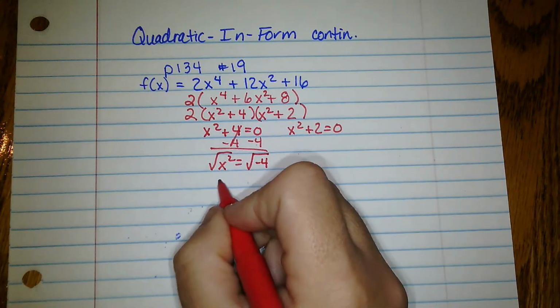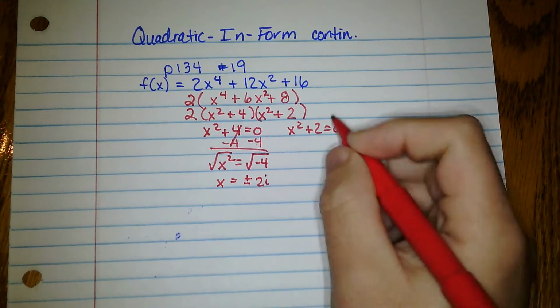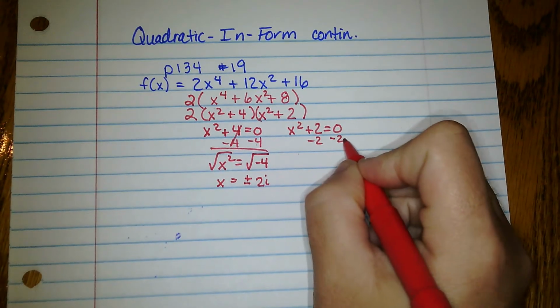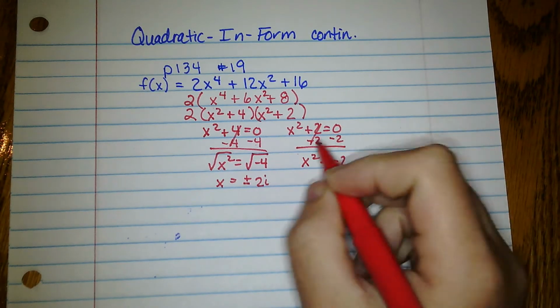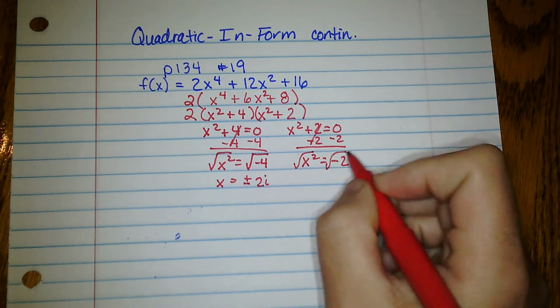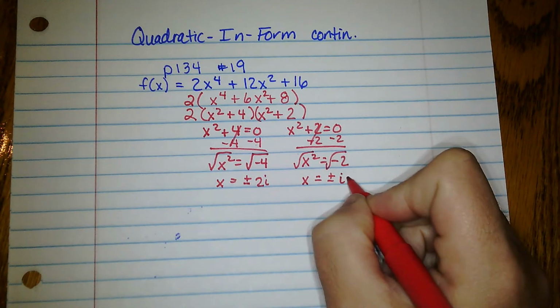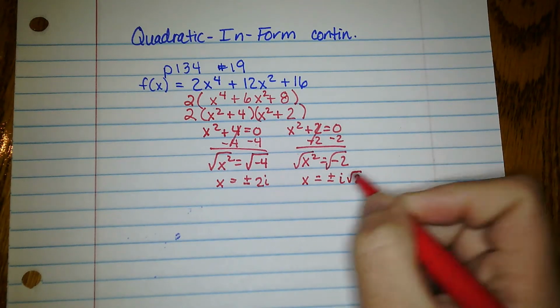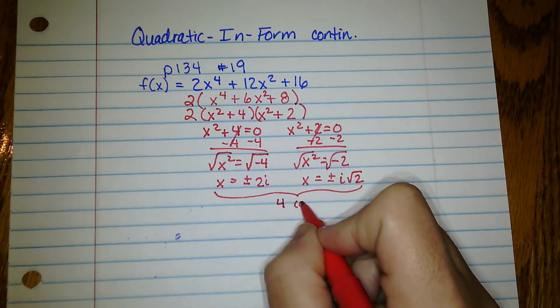The square root of negative 4 is plus or minus 2i. Subtract 2. Take the square root. Plus or minus i square root of 2. You've got 4 complex numbers.